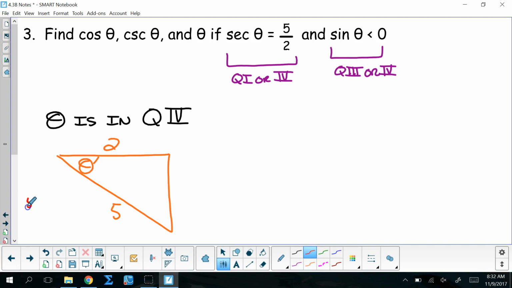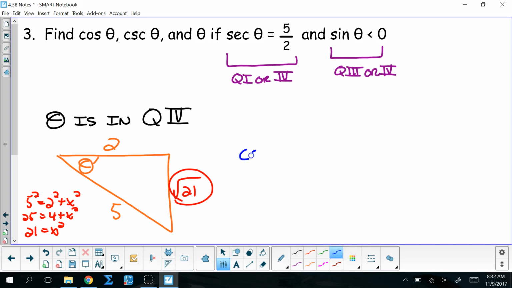Tells me that 5 squared equals 2 squared plus x squared. 25 equals 4 plus x squared. So 21 is x squared. So this side here is the square root of 21. Okay? So that tells me then that I needed the cosine here of theta.